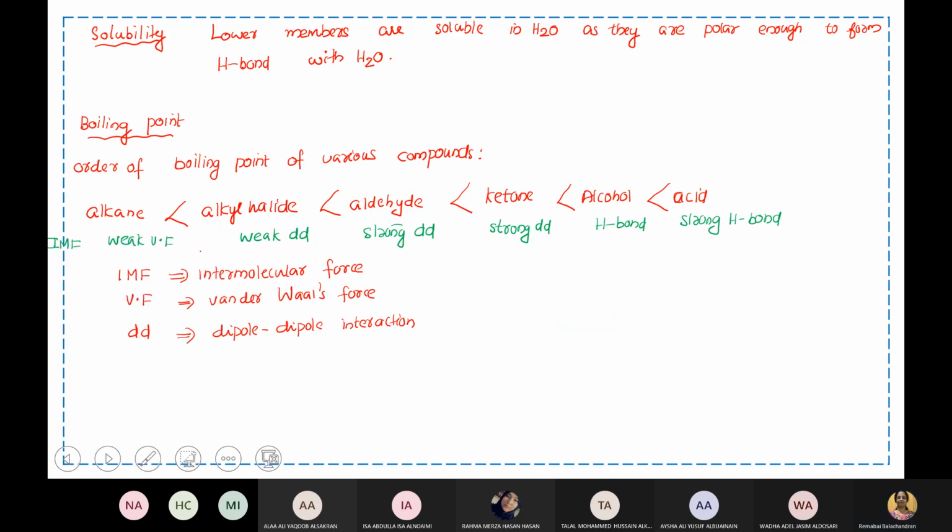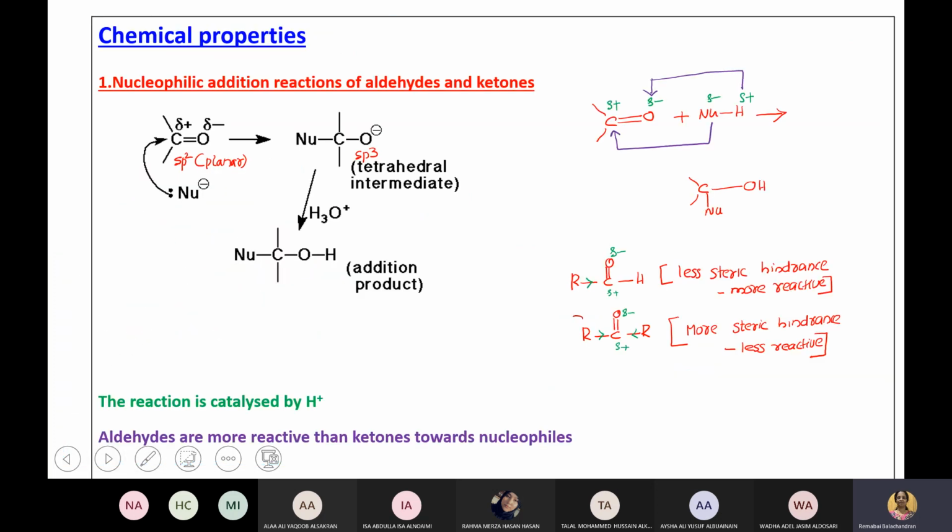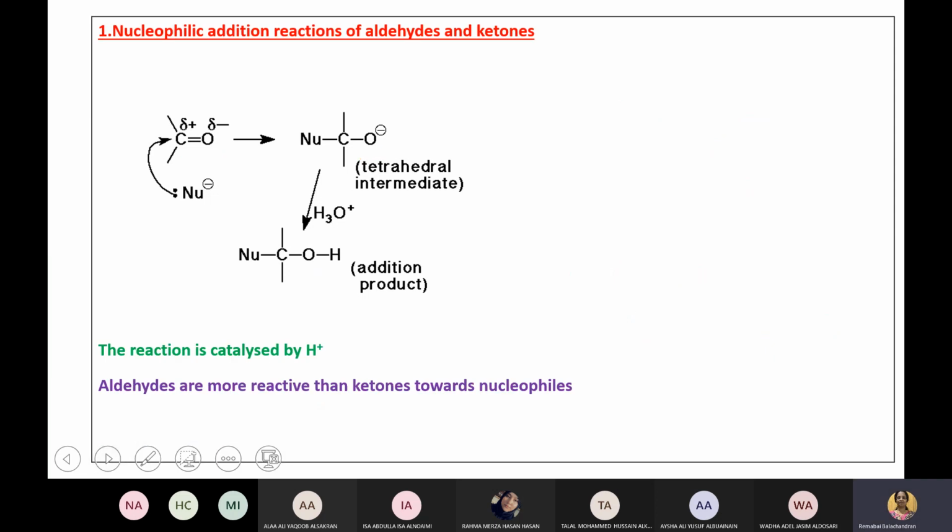Now, next is chemical properties. Look here. Can you read the heading? Nucleophilic addition reactions of aldehydes. Yes, nucleophilic addition reaction. We did some other nucleophilic reaction before. What was that? Do you remember?